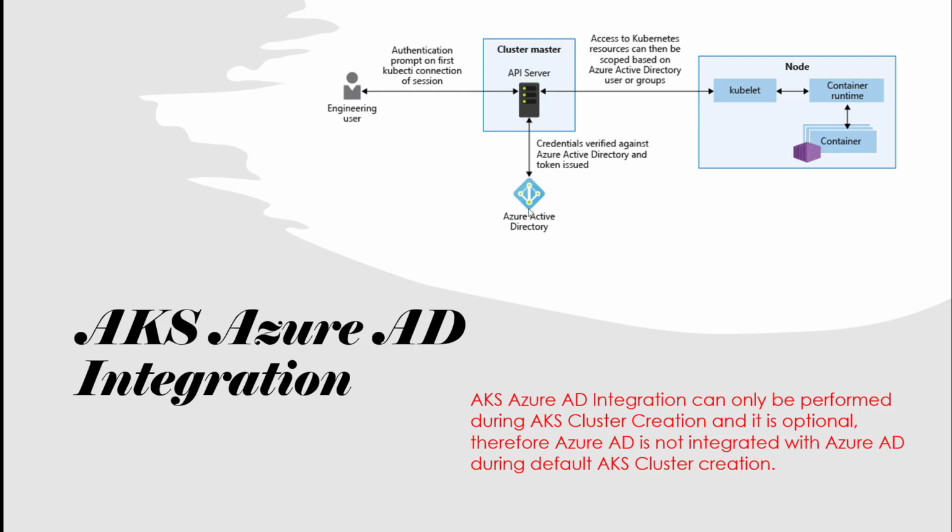So it's straightforward. Now, when you do that, it is very, very important to keep in mind that not only would you be doing the Active Directory integration here, but if we want to use the managed identity, which we're going to talk about a little later, you also have to enable the managed identity right during the AKS cluster creation. That is again an optional component, and you cannot enable it afterward, right?